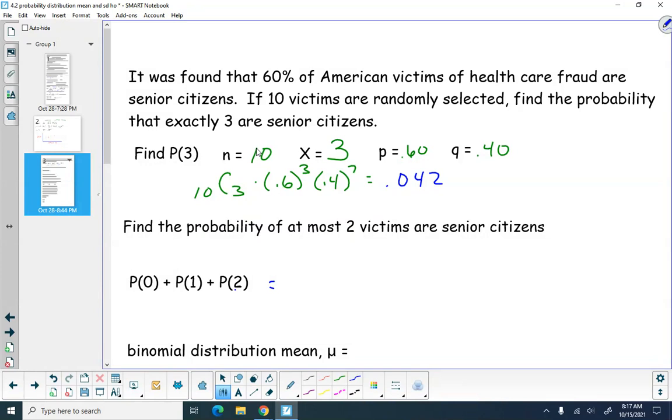But if I have to look up 3 different probabilities, let's go to the book. Let's go to the 10. I have to go to the p-value of 0.6. I have an x value of 0, an x value of 1, and an x value of 2.